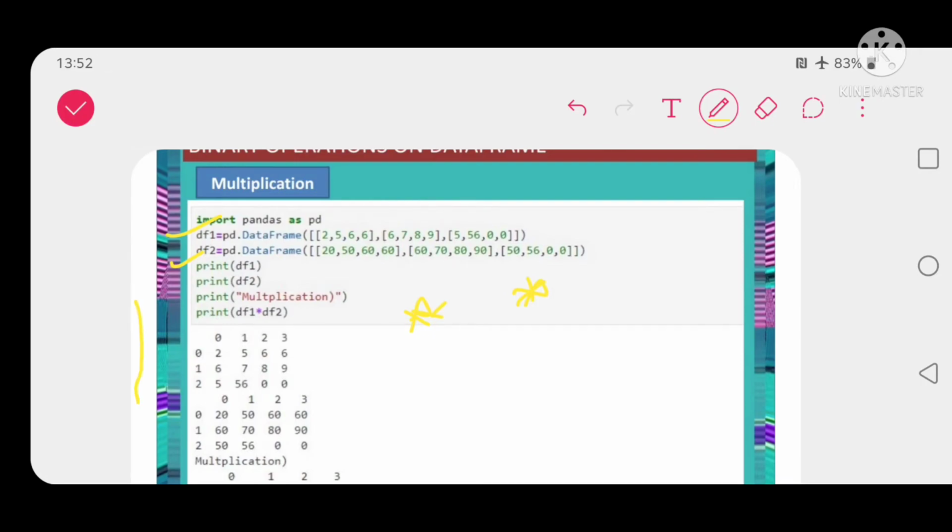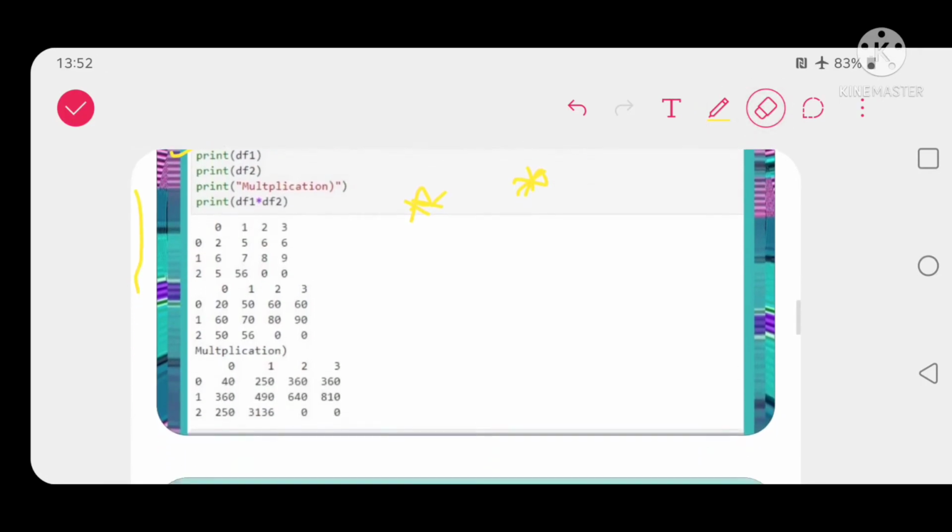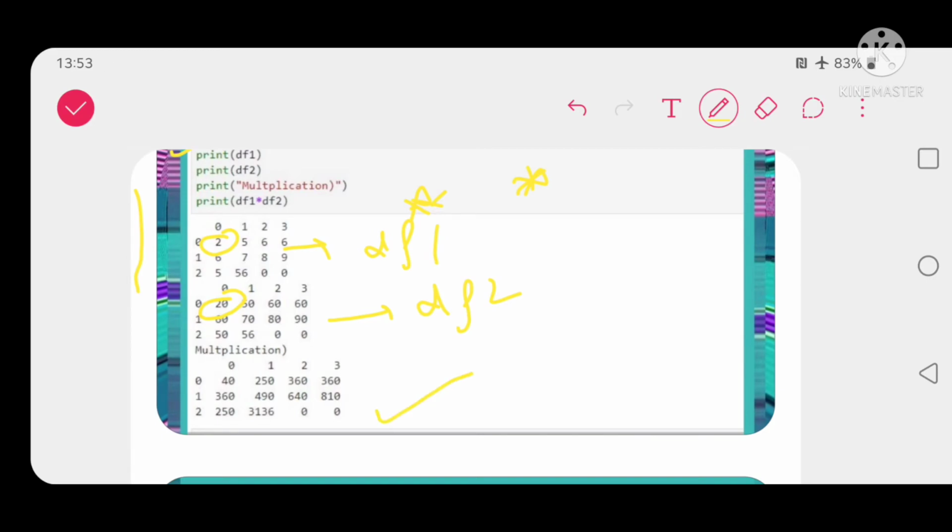You can see in this example the output of both frames in front of you. This is my df1 and this is my df2. You can see here I am multiplying corresponding elements. 2 multiply 20 is equal to 40, 5 multiply 50 is equal to 250, like this. Corresponding multiplication will take place.